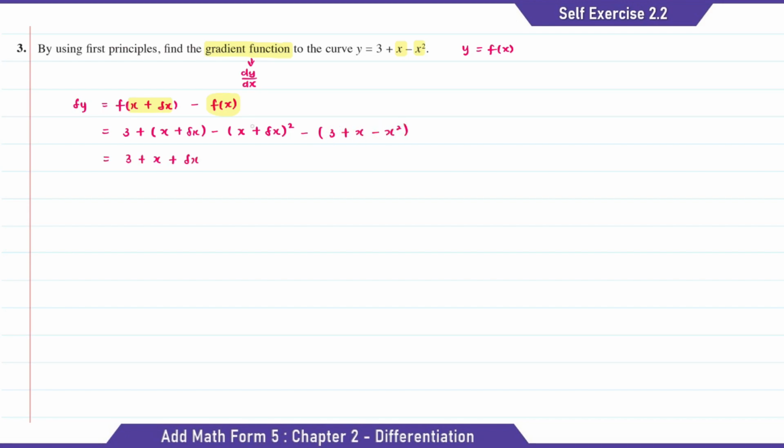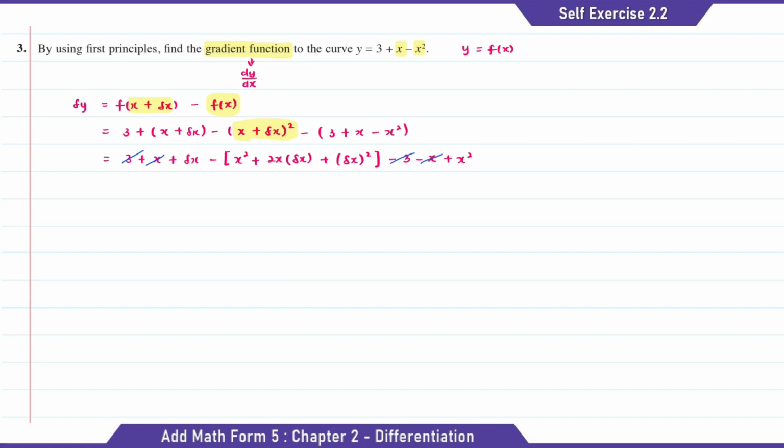So here we're going to expand this. So bracket x squared plus 2x delta x plus delta x squared minus 3 minus x plus x squared. So here 3 minus 3 will be cancelled.